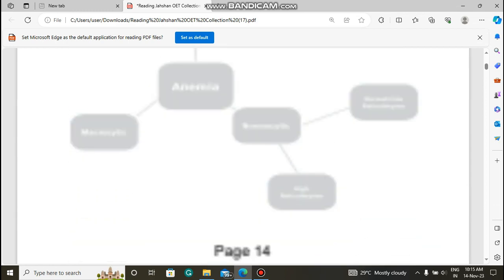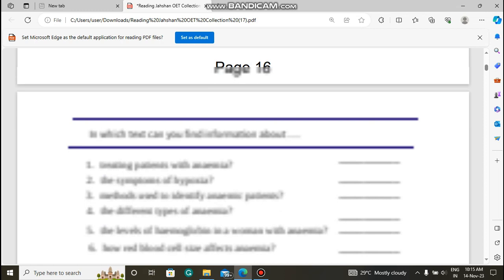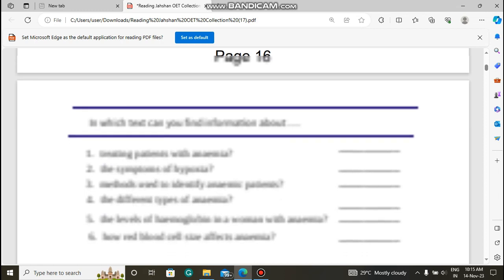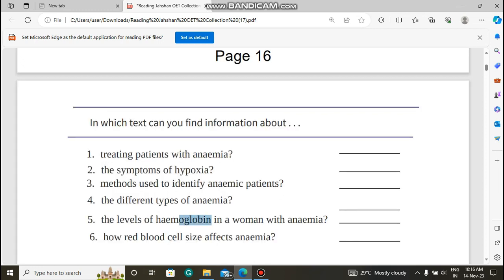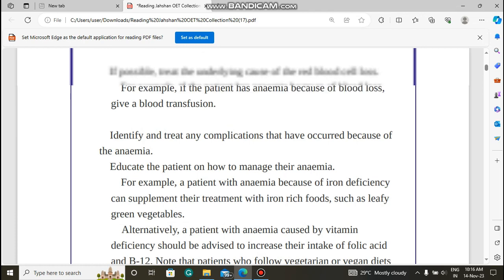Next, we'll move to the fifth question. The level of hemoglobin in a woman with anemia. Level of hemoglobin. That means it's a numerical. Answer should be numerical form. So, first, women. The synonym can be female. The word women is a common noun, so it can be different synonyms. Whereas hemoglobin is a proper noun, so the same word will be used. Let's see what will be the answer. Fifth one.